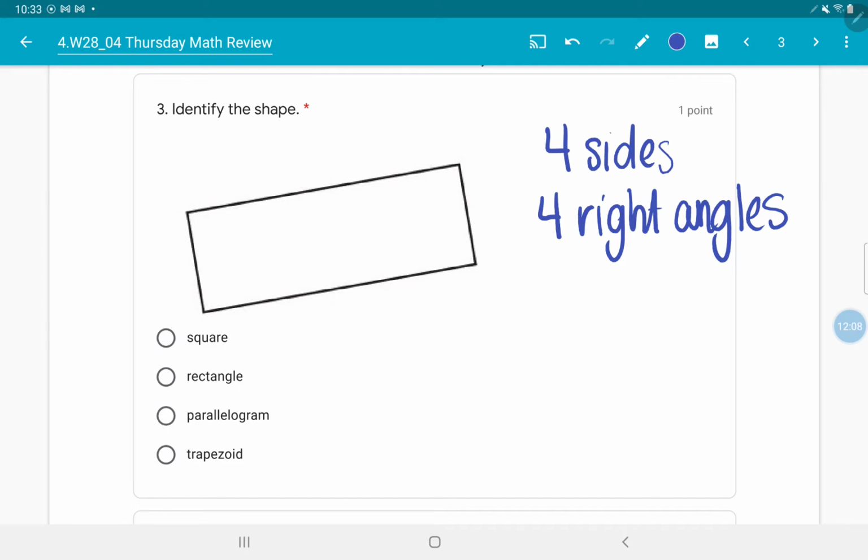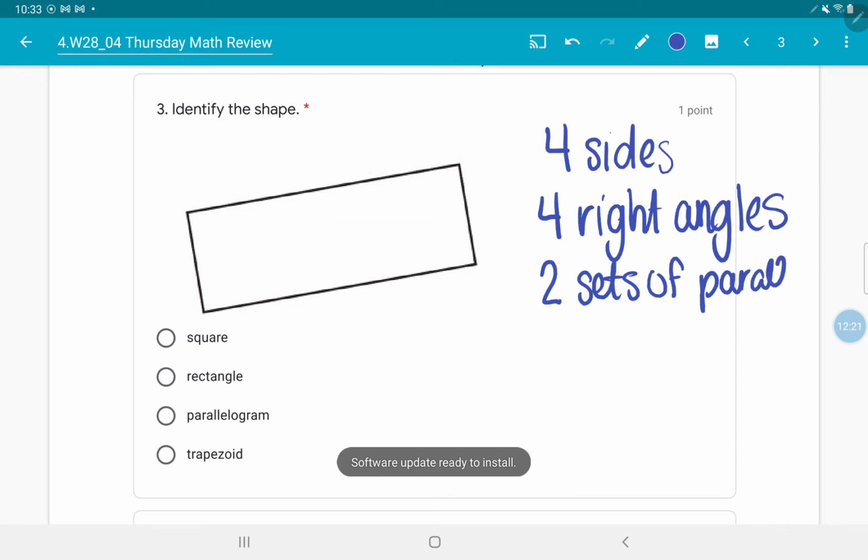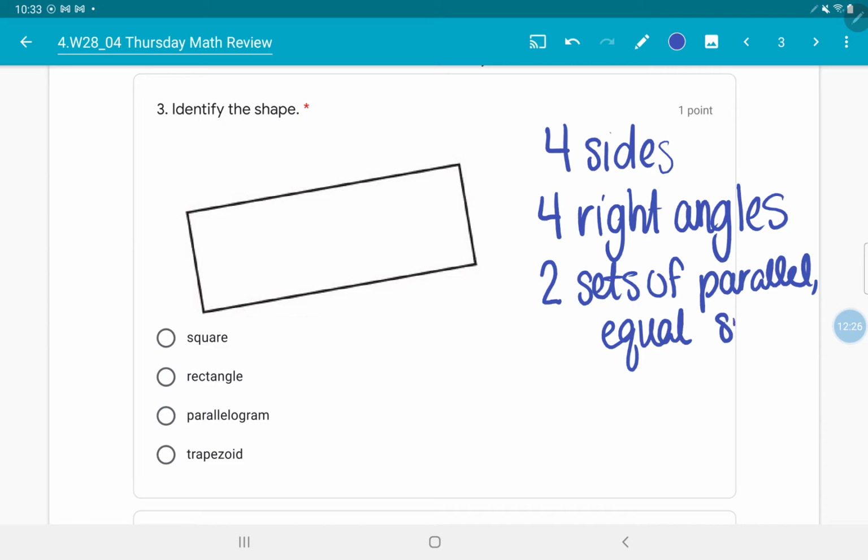Are the 2 sides the same? Yes. So we have 2 sets of equal sides, or the parallel sides are equal. So what shape is that? A rectangle. It's tilted over on its side a little bit, but it's still a rectangle. It still fits all of the rules to make it a rectangle.